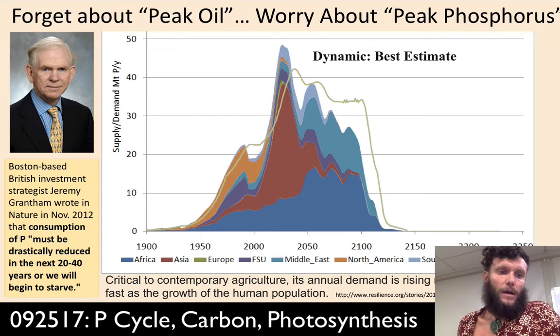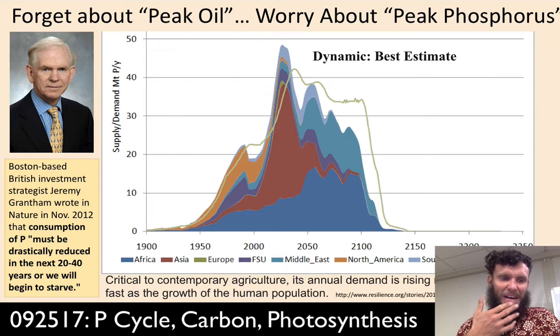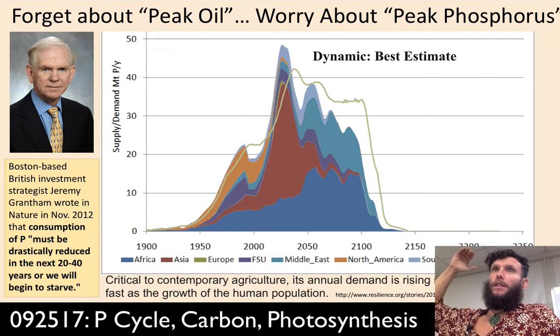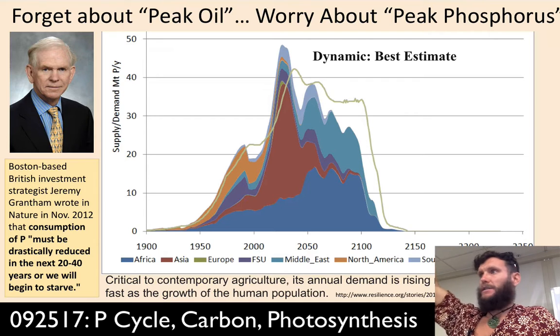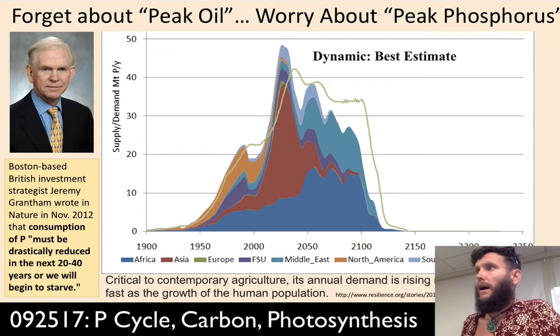Yeah, he's not here. Anyways, this guy, a very mainstream billionaire investor from Britain that lives in Boston, wrote an editorial in Nature magazine, which is, between Nature and Science, the two very top science journals in the world.